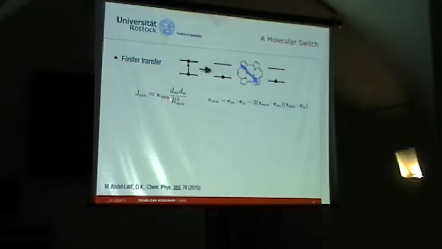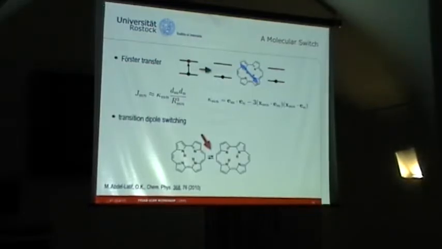Everything is determined by this orientation factor, which is given here for reference. So now imagine that you would have this porphyrin-type molecule with these double hydrogen bonds built in here, and you were able to switch the position of the two hydrogens. Then you would essentially tilt the transition dipole moment by 90 degrees.